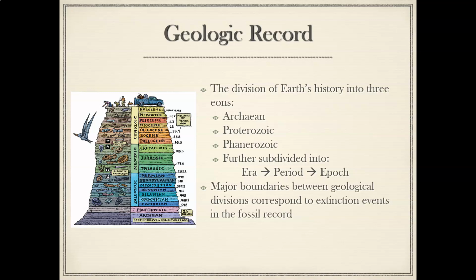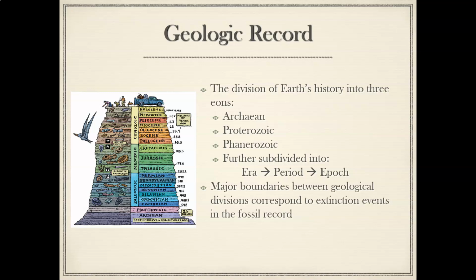So I've been alluding to this idea of geologic time records. And what geologists have done, and biologists, I should say, now utilize as well, is the division of Earth's history based on these major changes that we see in the fossil record.